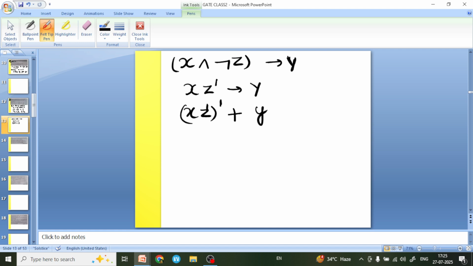So X dash, X negation, Z positive, negation cut with negation. So X dash plus Z dash... X negation plus Z plus Y. This is the answer.